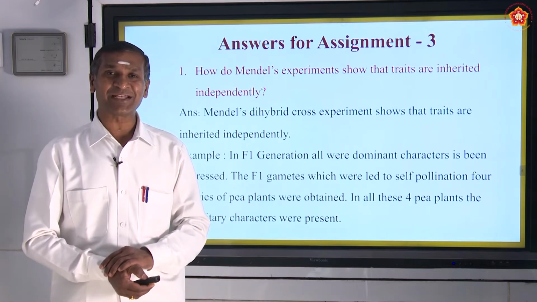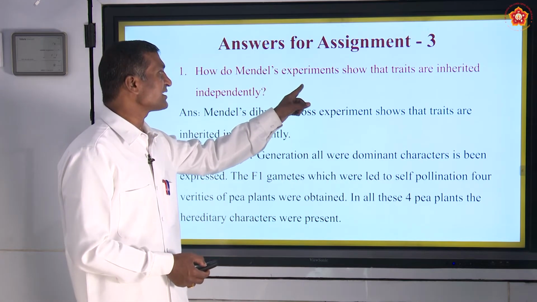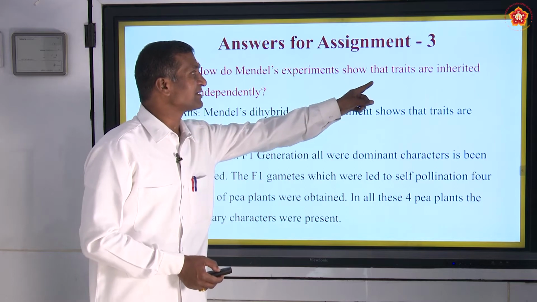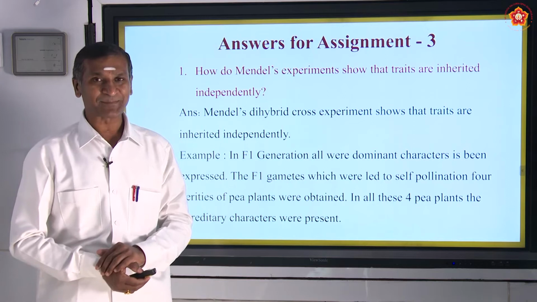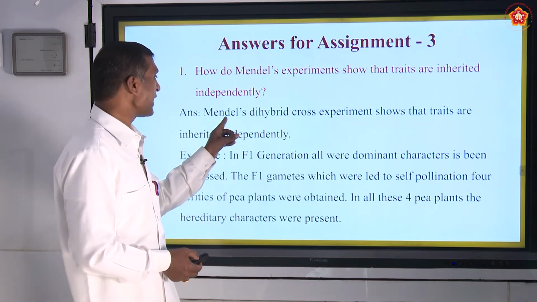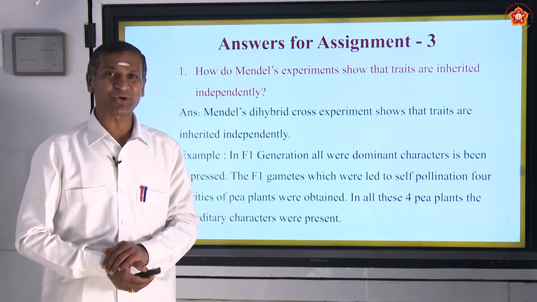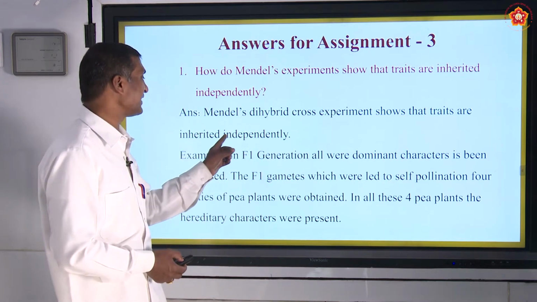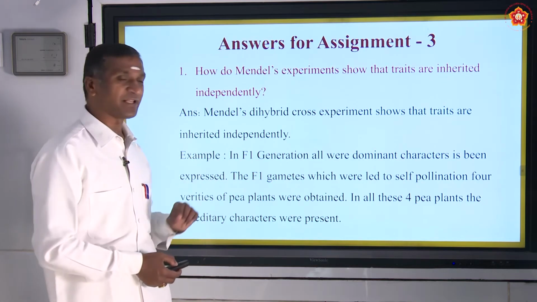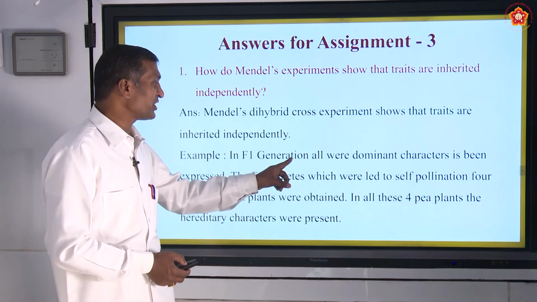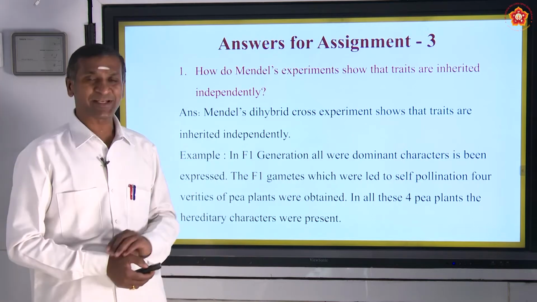Answers for assignment 3. The first question: how do Mendel's experiments show that traits are inherited independently? Mendel's dihybrid cross experiment shows that traits are inherited independently. For example, in the F1 generation, all the dominant characters were expressed.